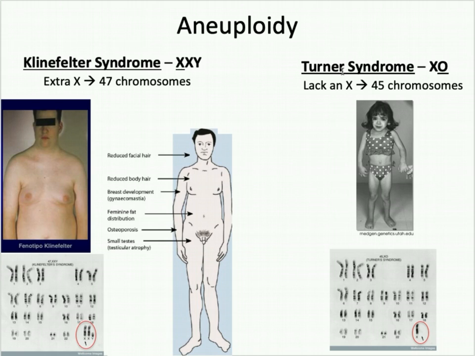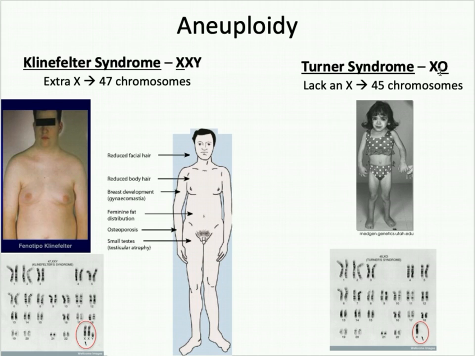And then we have Turner syndrome, which only affects females. In Turner syndrome, these females are actually missing an X. So a normal female will be XX, and then this O denotes that it's missing an X. So if Turner syndrome is missing an X, they will have a total of 45 chromosomes.